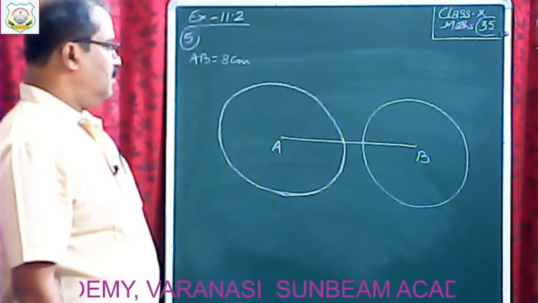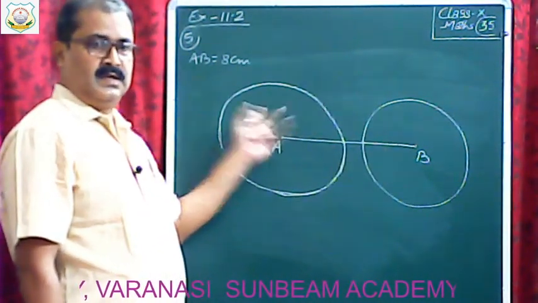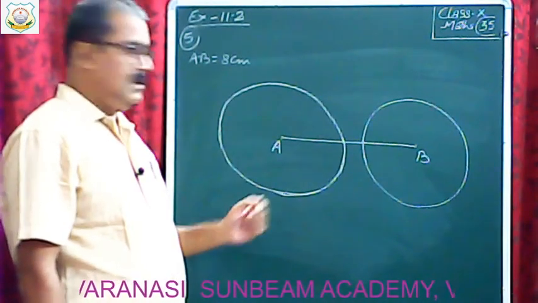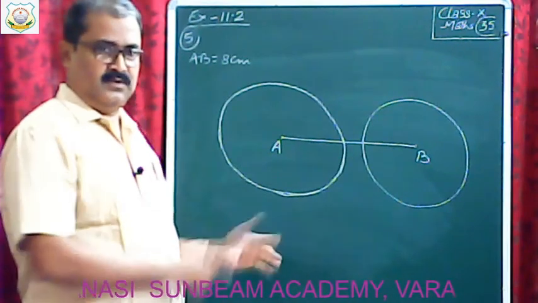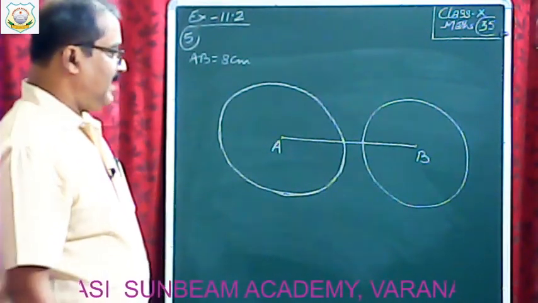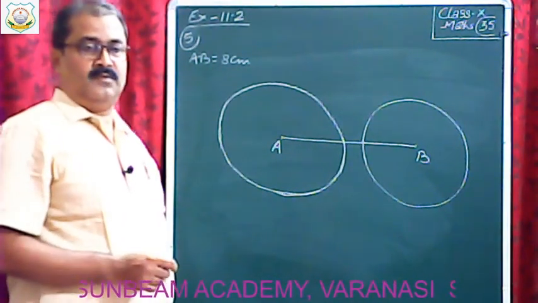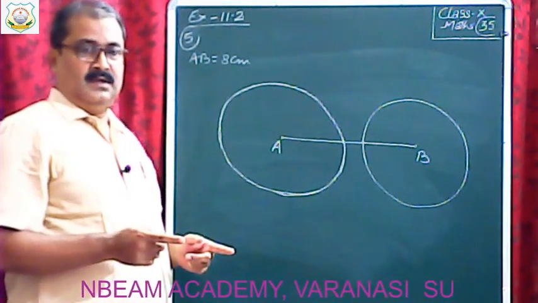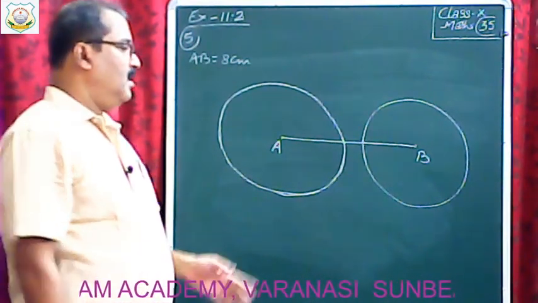So suppose you have to draw tangents from B to the bigger circle with center A. You have to join the center and the external point. Already it is joined, no need to join again. Thereafter you have to draw the perpendicular bisector of that line segment between the center and the external point, and mark the midpoint.